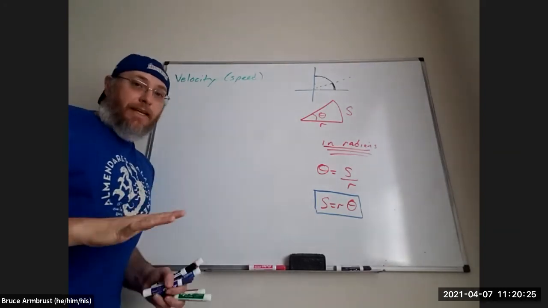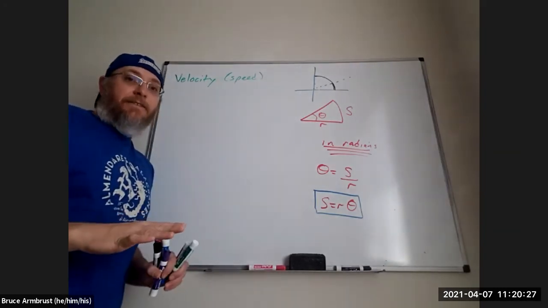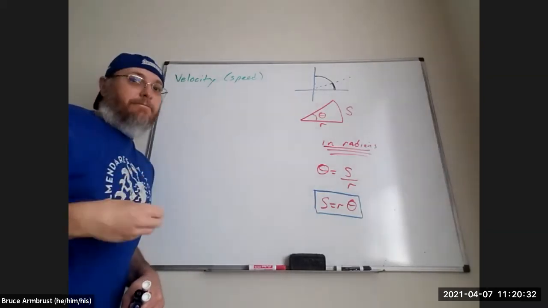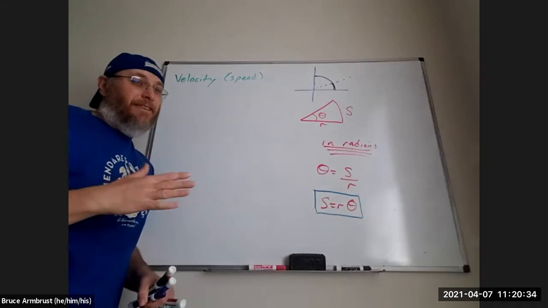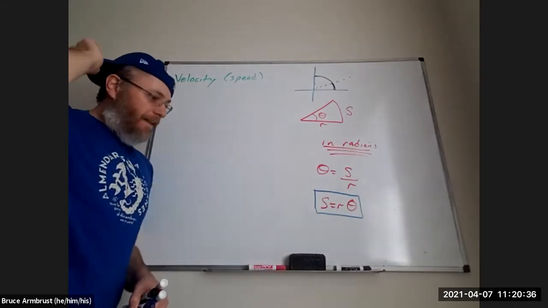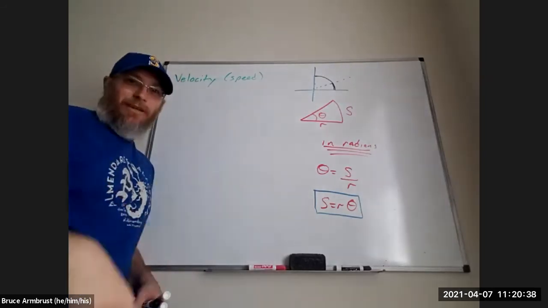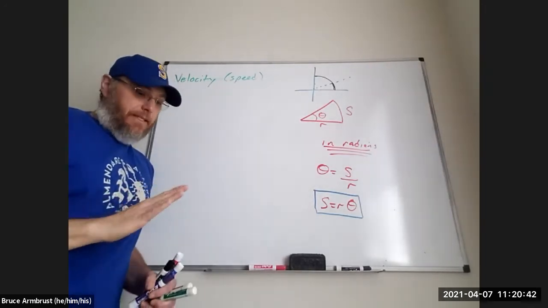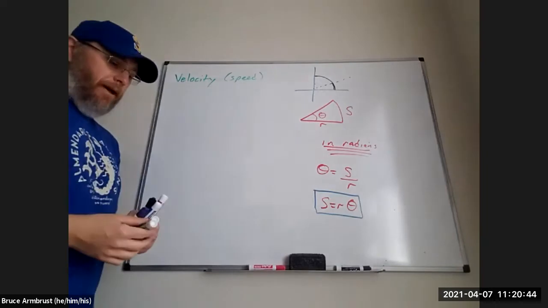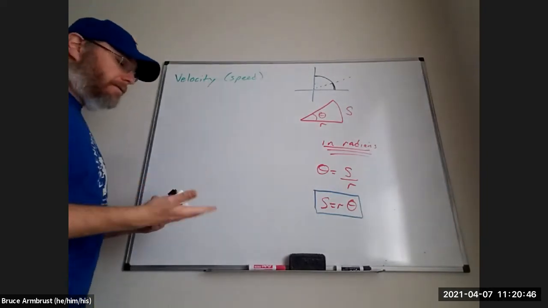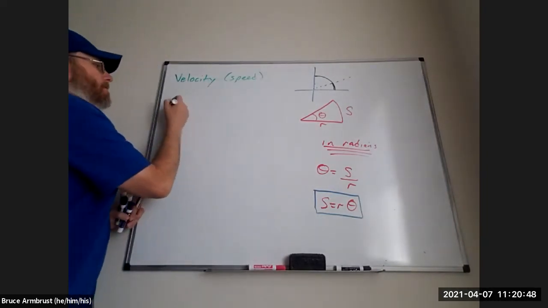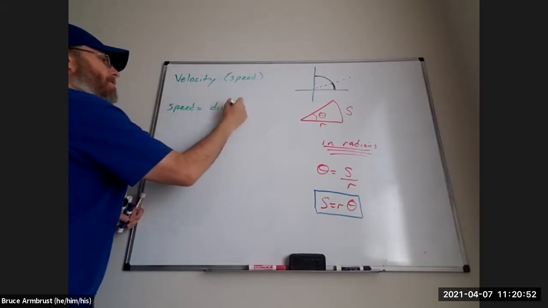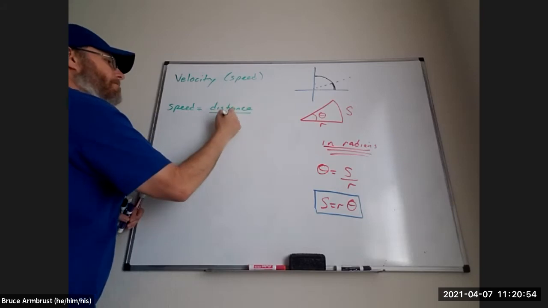So there's a slight difference between velocity and speed to scientists. Mathematicians kind of care about that, but not really. So we're going to use them interchangeably. But let's think about how we calculate speed. Speed is actually going to be a measurement of distance divided by time.